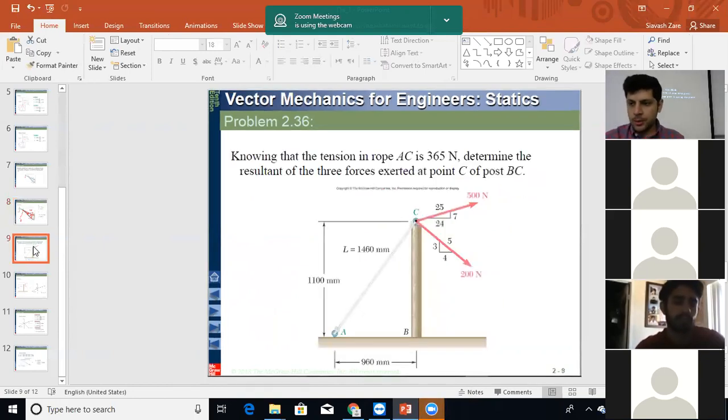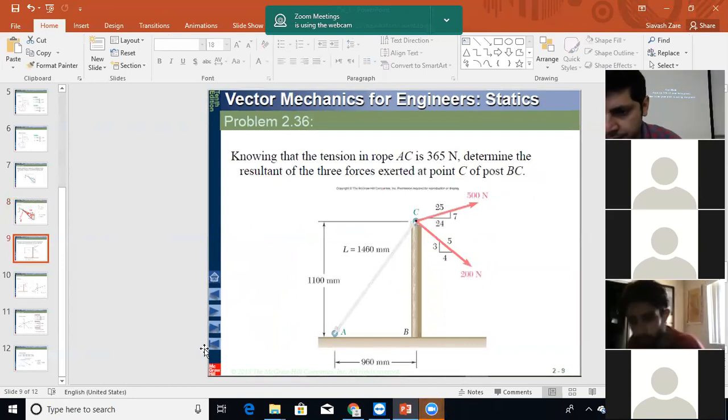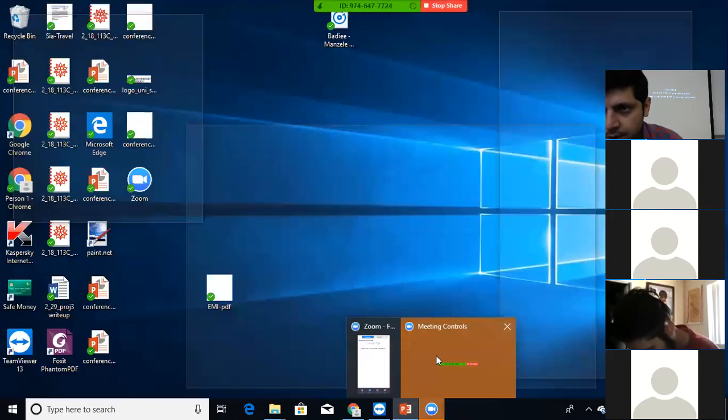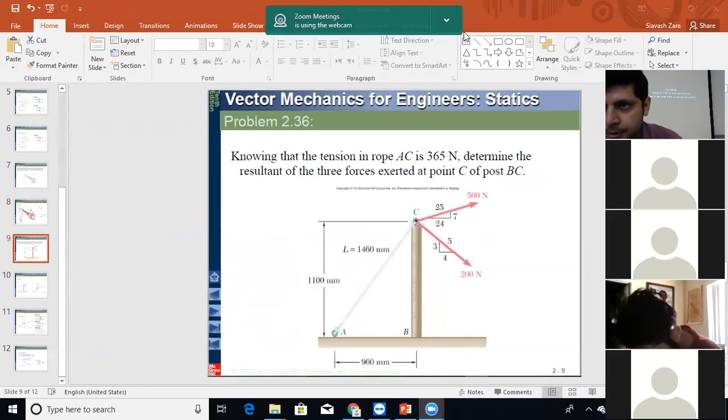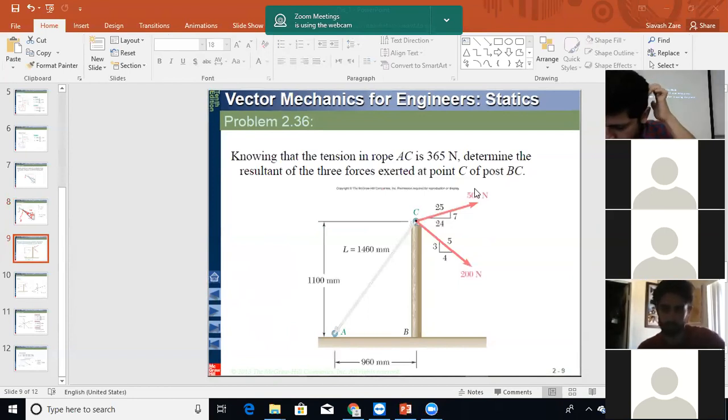Okay, let's go to this problem. I know some of you might have problems with this tension force. So here, again, you have two forces. You need to actually decompose the forces, but this time you have to calculate the result. So we have one more additional step.